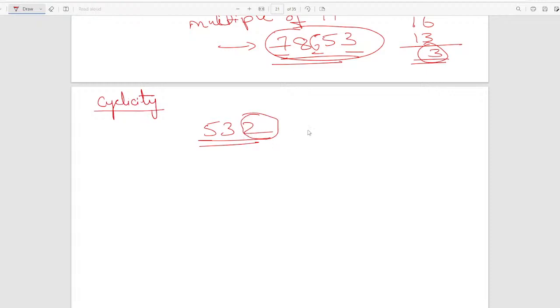You have to double it. 2 2s are 4, and the remaining number is 53. 53 minus 4 is 49. So 49 is divisible by 7, hence 532 is divisible by 7. I hope this is clear, Prajwal.